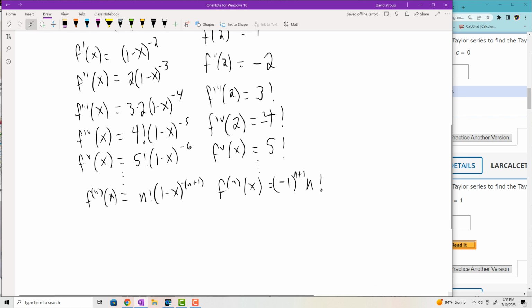Okay, then finally, the formula from before, when we were working with the polynomial version, would have been like this, right?